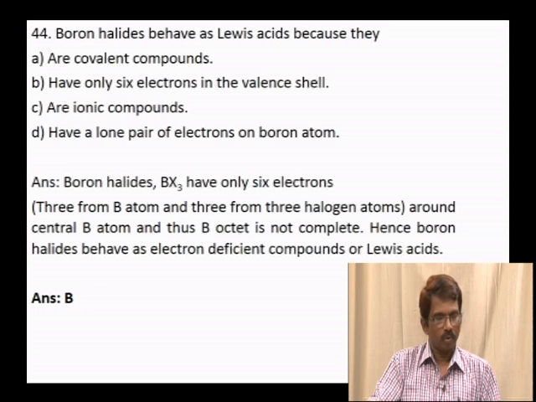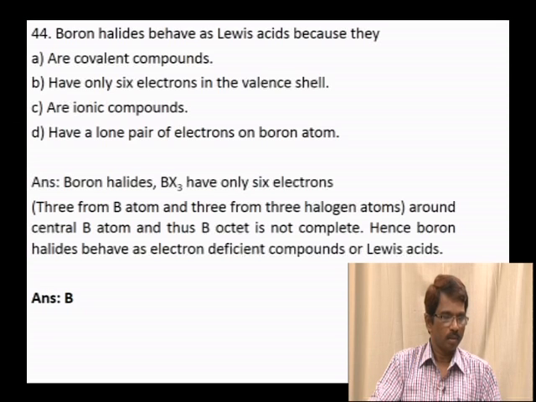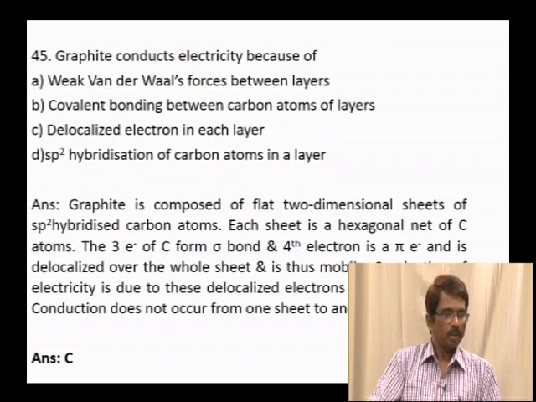So the 3 electrons of boron will form bonds with 3 halogen atoms, and thus the octet around the central boron atom is not complete. Because of the incomplete octet, boron behaves as an electron deficient compound or a Lewis acid, and the correct option is option B.